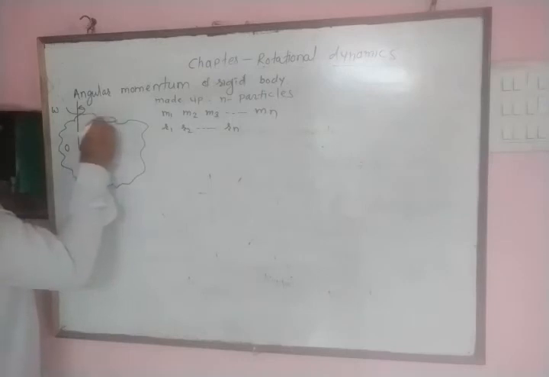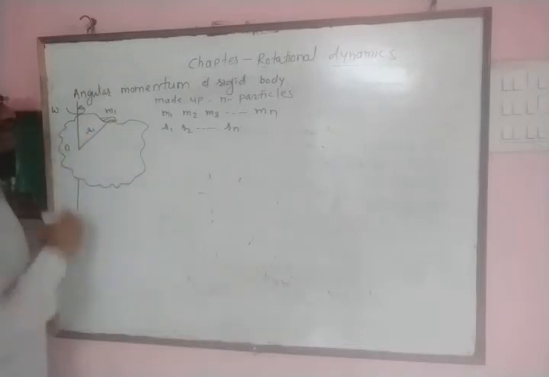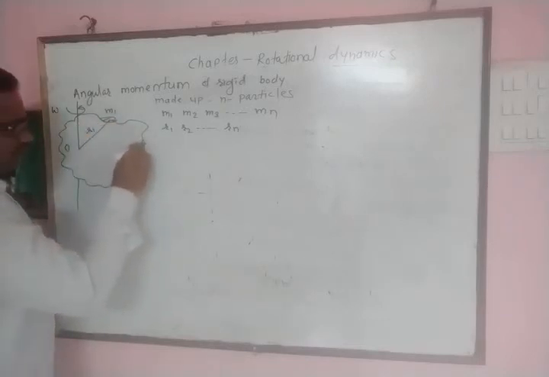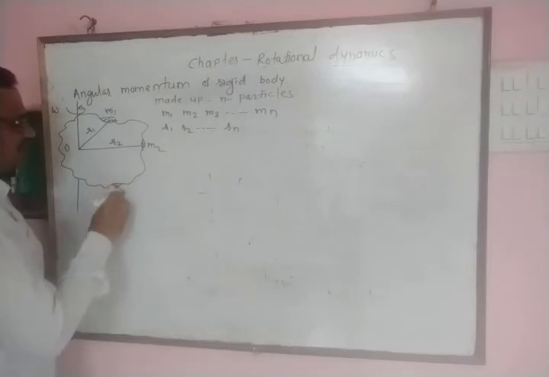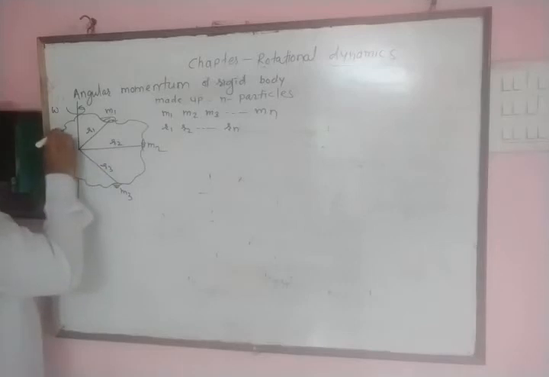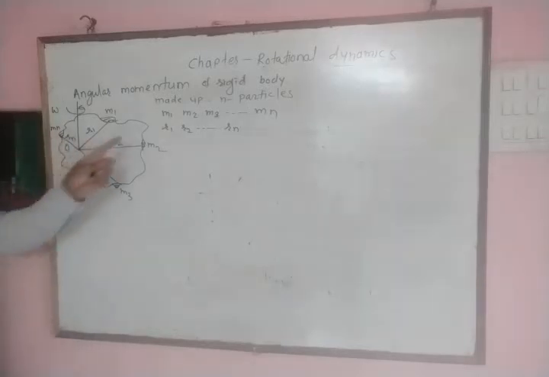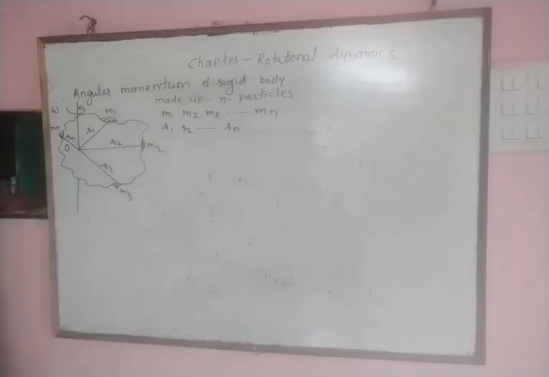This is the first particle, of mass m1, present at distance r1 from the axis of rotation. The second particle is at distance r2, and the third particle is at distance r3. In this way, the body is made up of n number of particles at distances r1, r2, r3 from the axis of rotation.